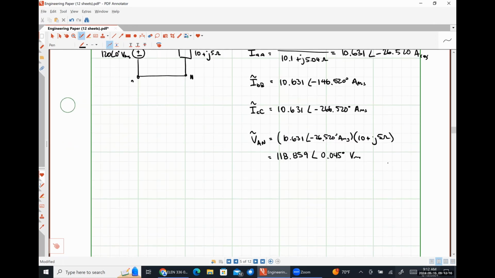Right? So what I mean by that, we know that VAB is VAN minus VBN, which is the same thing as VAN times (1 ∠0 minus 1 ∠-120). Hey, Sebastian, what's 1 ∠0 minus 1 ∠-120 again? √3 ∠30. It is very much not 0. √3 ∠30.